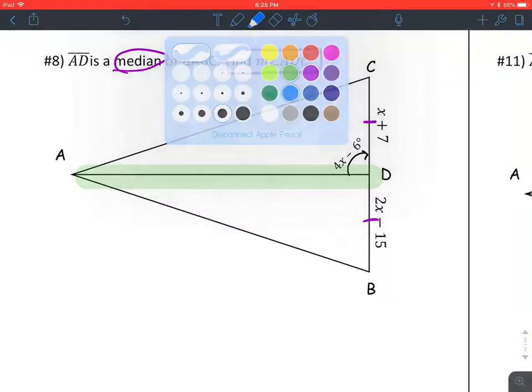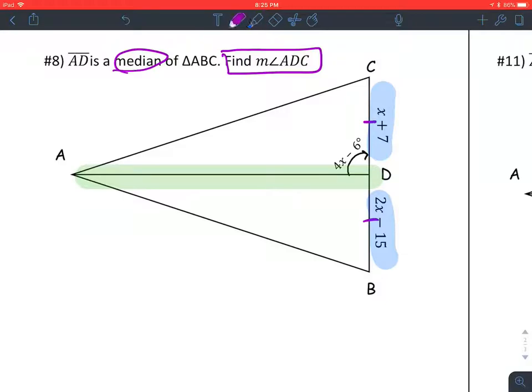Since this segment and this segment are the same length, we can say that x plus 7 is equal to 2x minus 15. If we subtract x from both sides, we're going to get 7 equals x minus 22. And then if we add 22 to both sides, we're going to get x is 29.